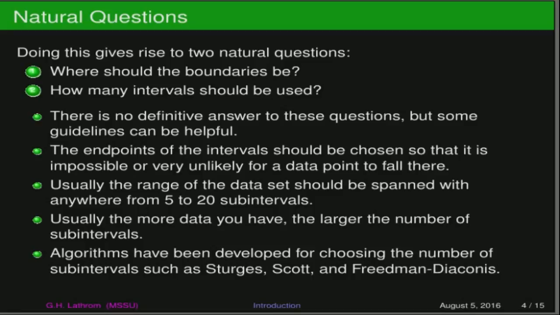In the R statistics program, we've got options such as the Sturges algorithm, Scott, and the Freedman-Diaconis algorithm. We won't go into any of the details as to what those actually do, but they just let your data set decide how many subintervals to use.